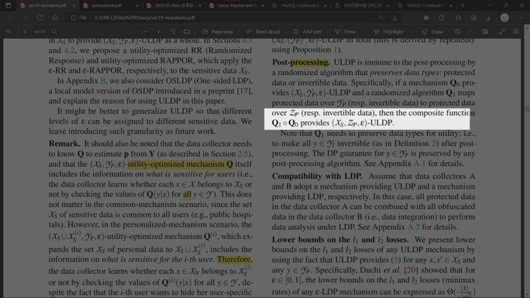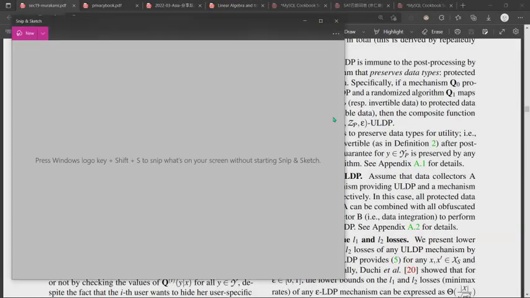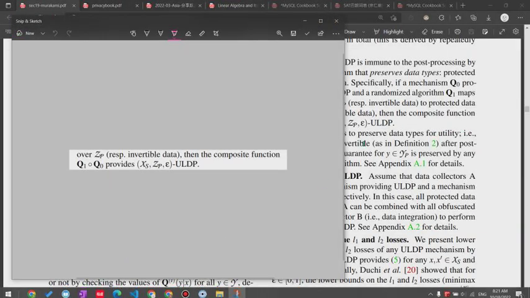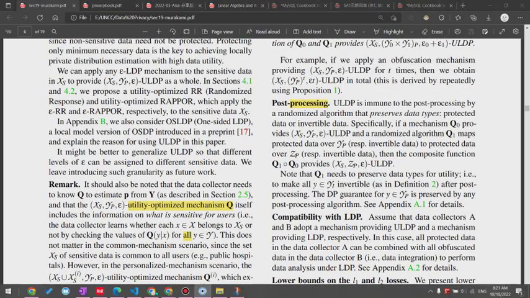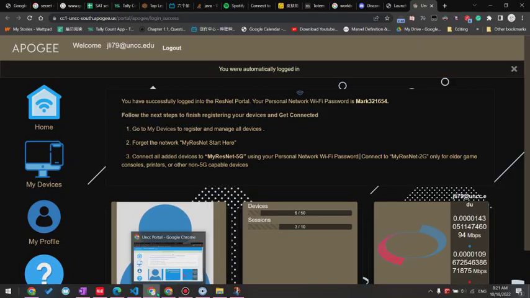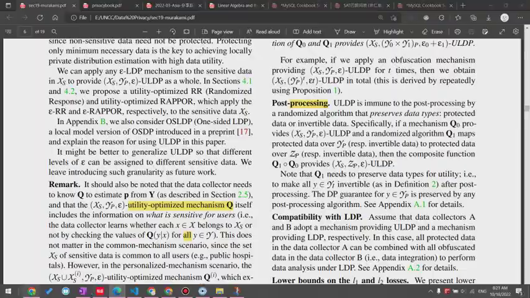What does this mean? One notation, I think it's like basic math notation, but I still just don't get it. I don't get it here.